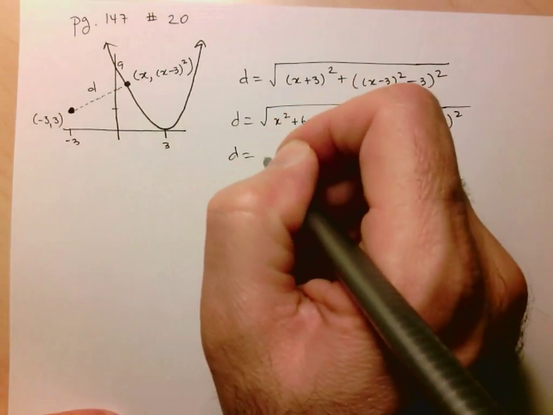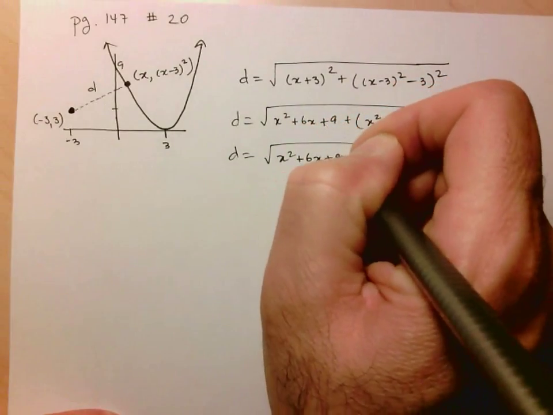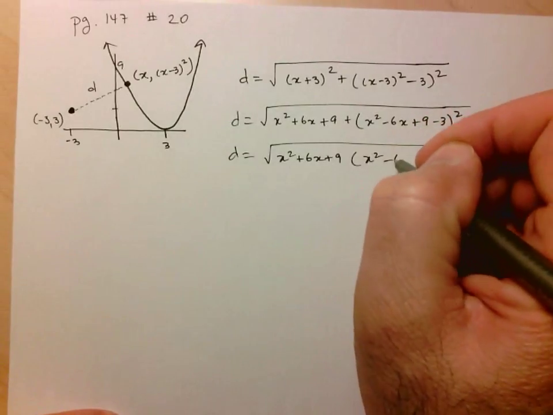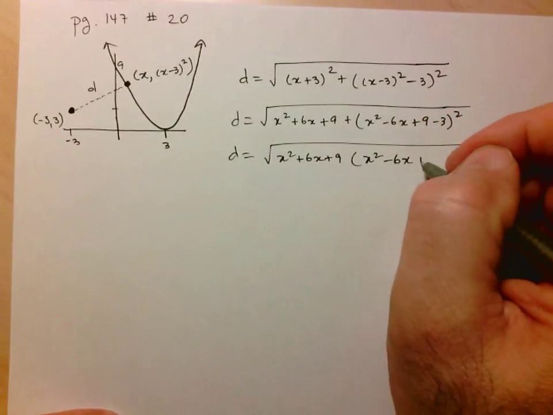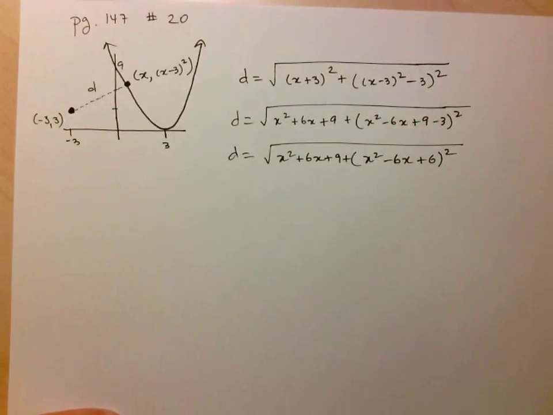It looks like we're going to have some work to do here. So x squared plus 6x plus 9, plus what we're left with: x squared minus 6x plus 6, all squared.